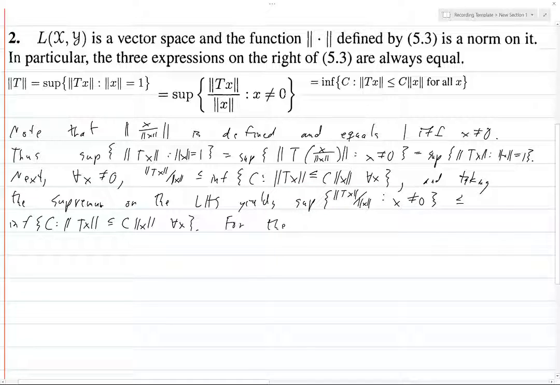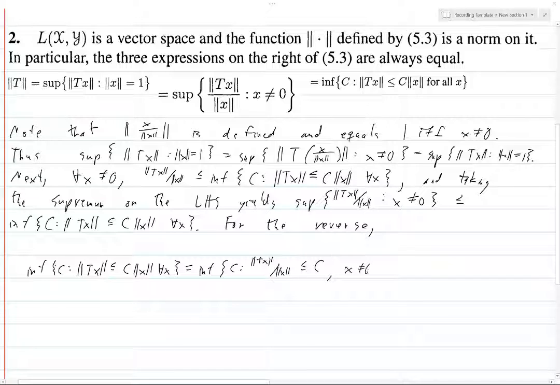For the reverse, we have the infimum over all c such that norm tx is less than or equal to c times norm x for all x. Well, this is equal to the infimum over all c such that norm tx over norm x is less than or equal to c, and x is not equal to 0. But let's think about this.